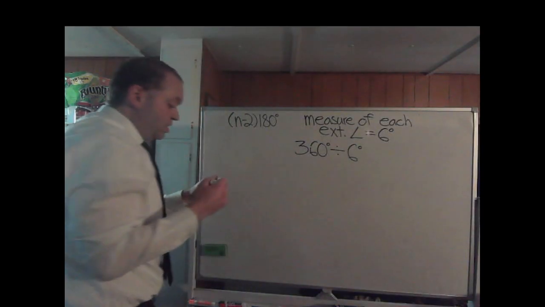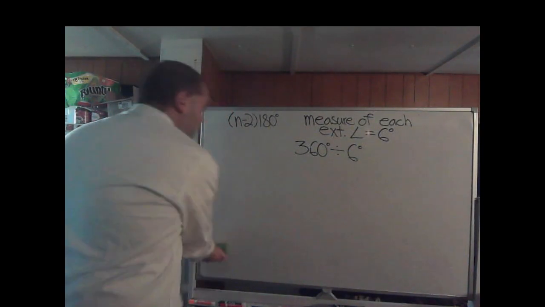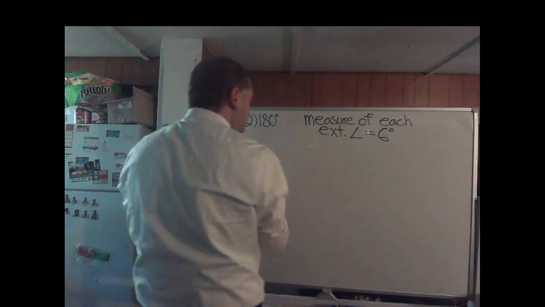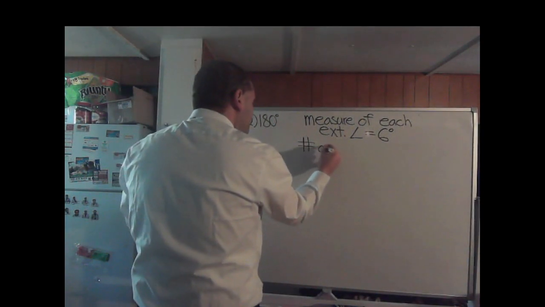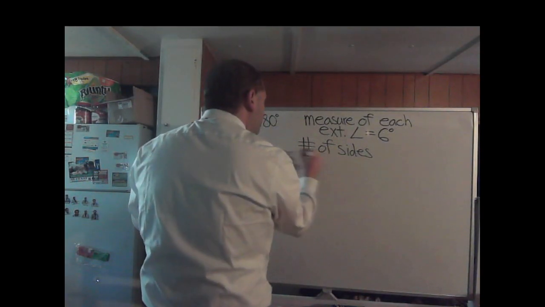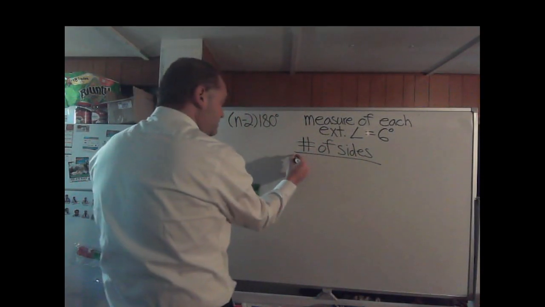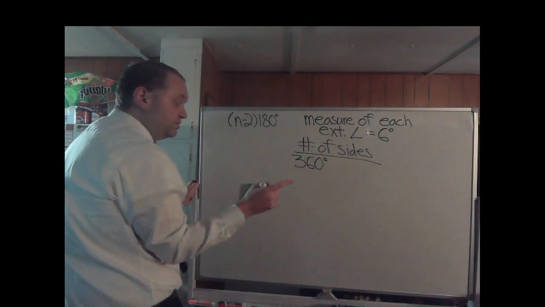So what you're going to do to figure out your number of sides, here, let me write this a little bit better, teach it a little bit better. To get the number of sides of the polygon, you're going to take your 360 degrees, which is the sum of your exterior angles.